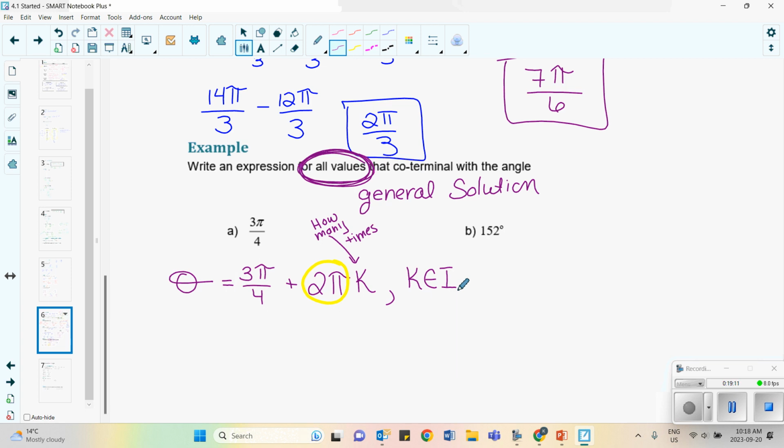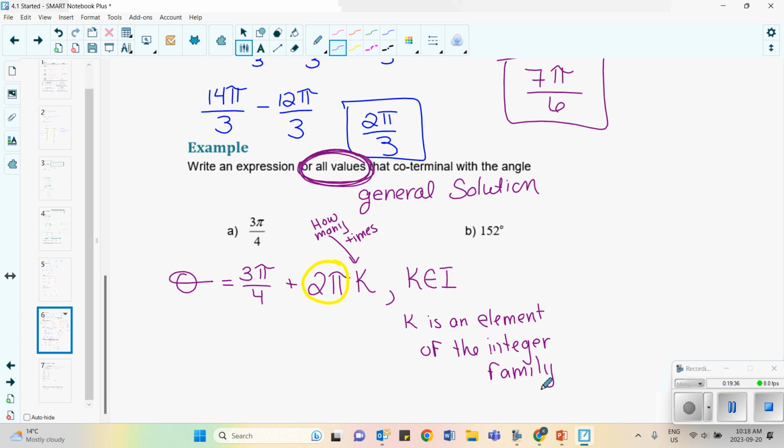Okay, so the variable k is an element of the integer family.